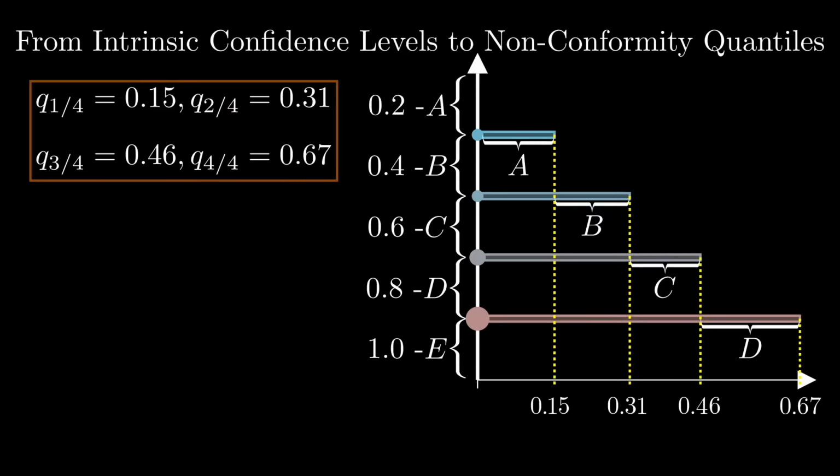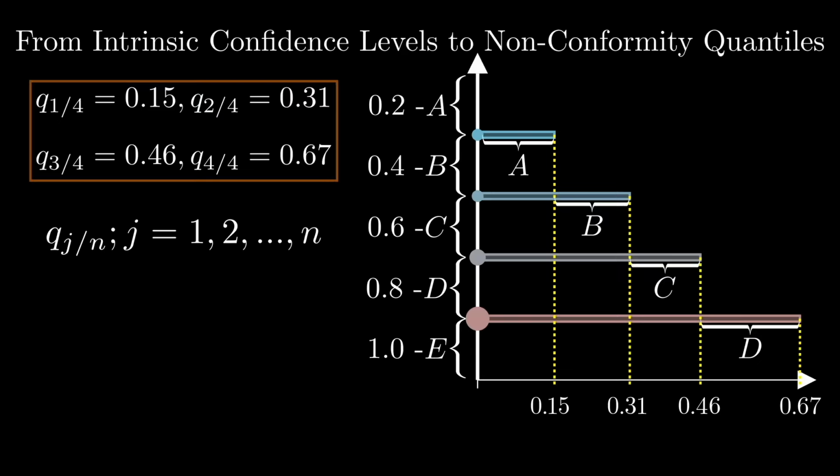Q sub 4/4 refers to the 4th quantile out of the 4 available ones. In general, our conformity quantiles can be written as Q sub J/N, where again the subscript J is a counter iterating over the points inside the calibration dataset.